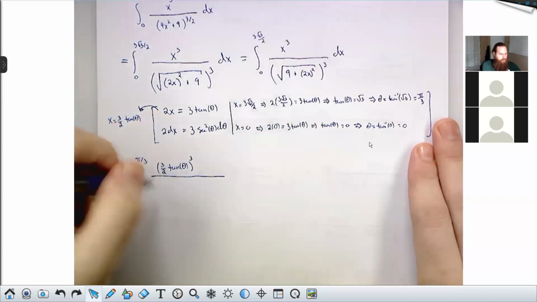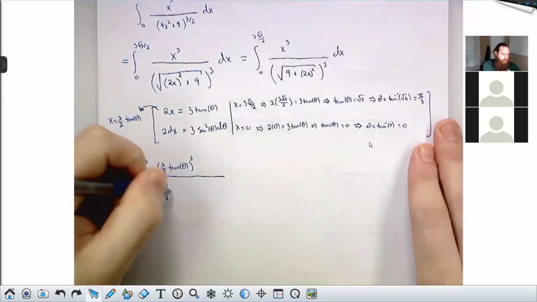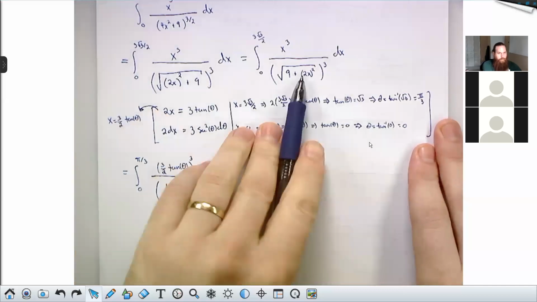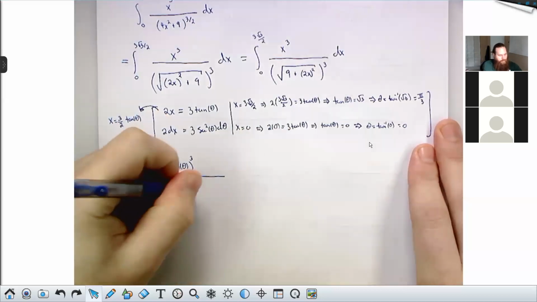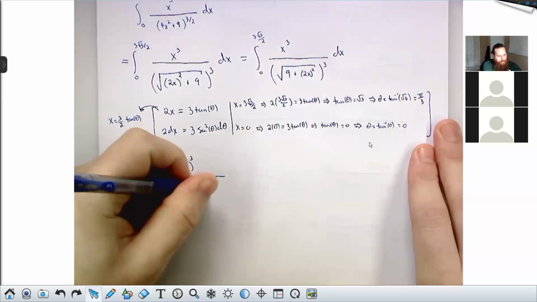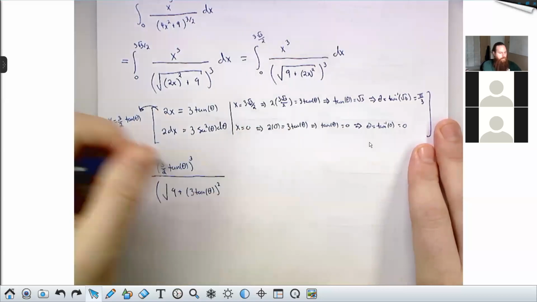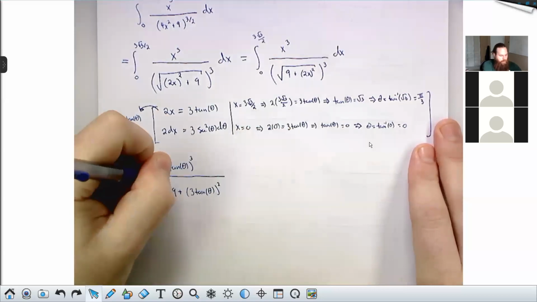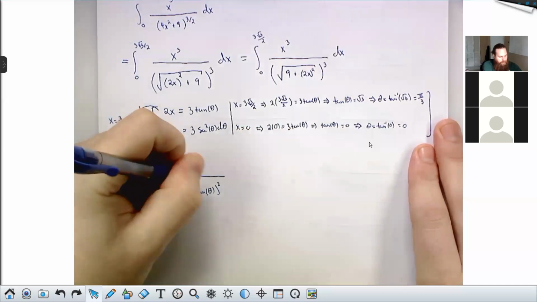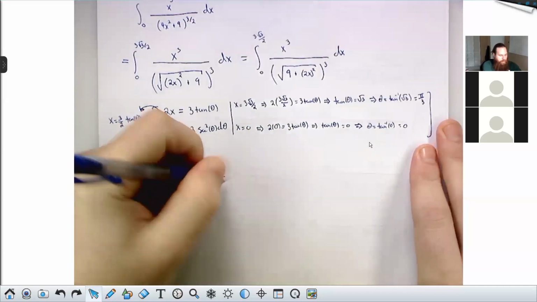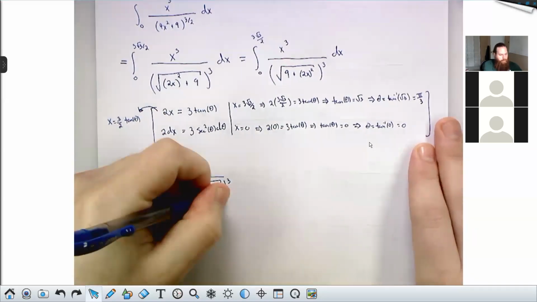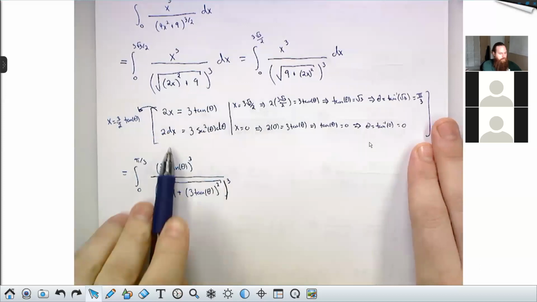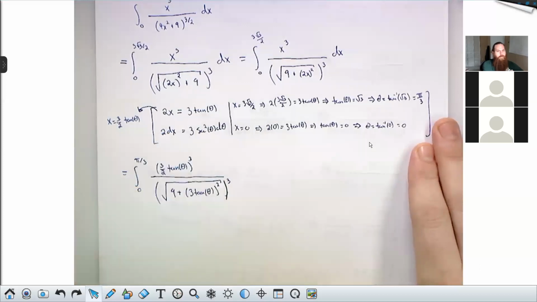Downstairs, I have the square root of 9 plus 2x squared. Well, 2x is 3 tan theta, so that's 3 tan theta squared. And then that whole square root is being cubed. But I'm still not done putting in my substitution yet because I also need to put in my differential.